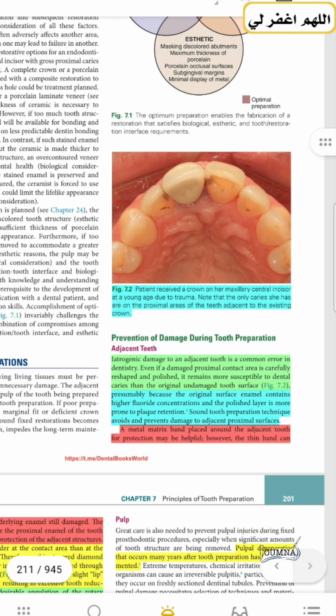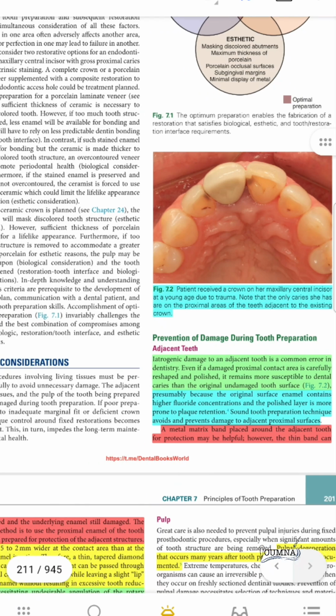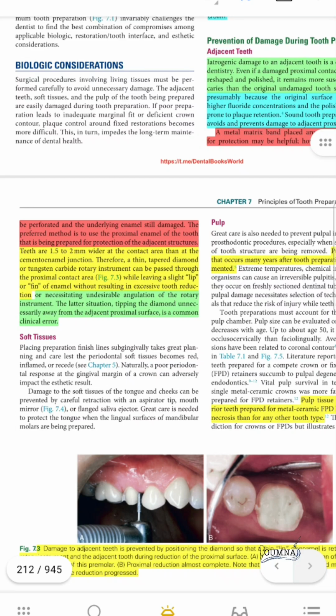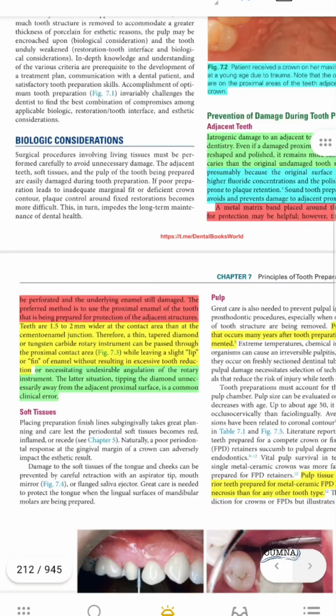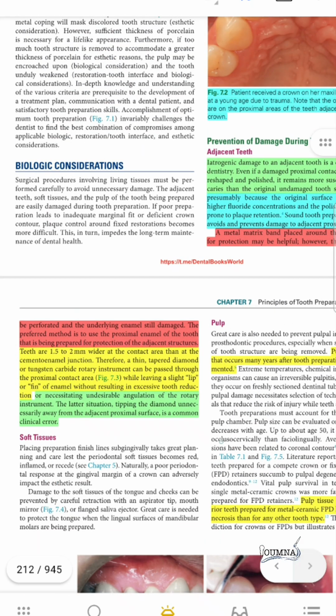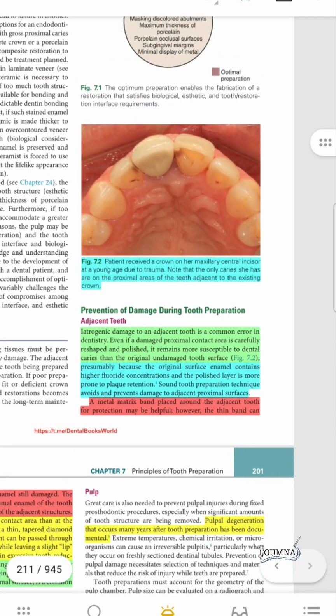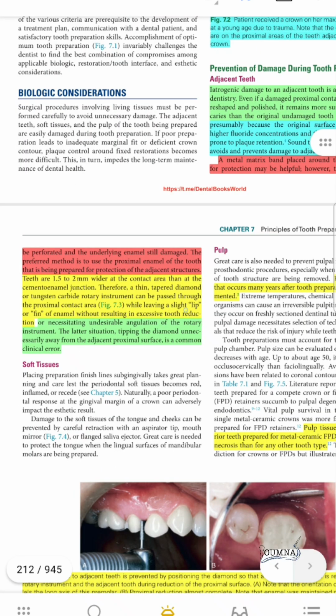The first is that the proximal contact points are not being adjusted well, and the other is that when we were doing the preparation, we damaged the adjacent tooth when we wanted to prepare the proximal walls. So we leave what is called a lip or a fin of enamel without resulting in excessive tooth reduction.